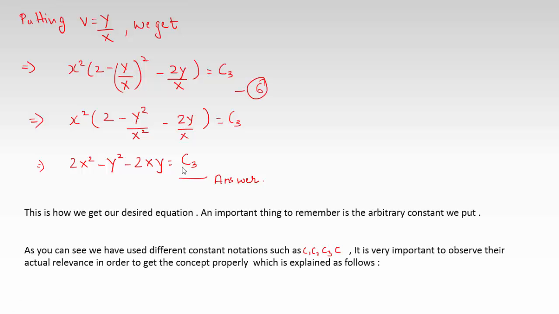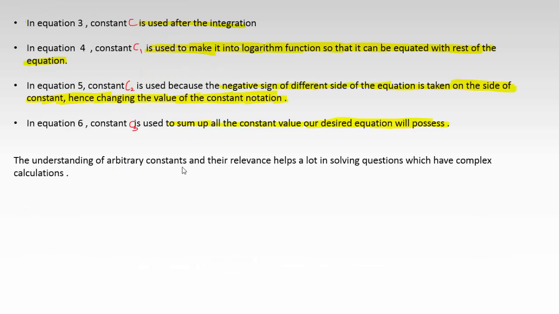An important thing to remember is the arbitrary constant we put, as we discussed earlier. As you can see, we have used different constant notations such as c1, c2, c3 and c. It is very important to observe their actual relevance in order to get the concept properly, which is explained as follows. In equation 3, constant c is used after the integration.